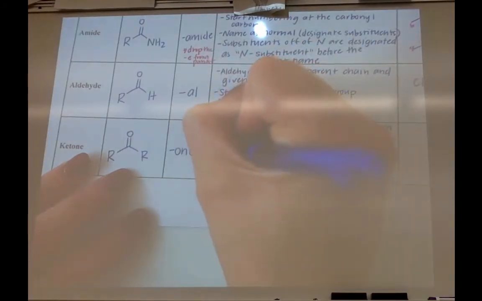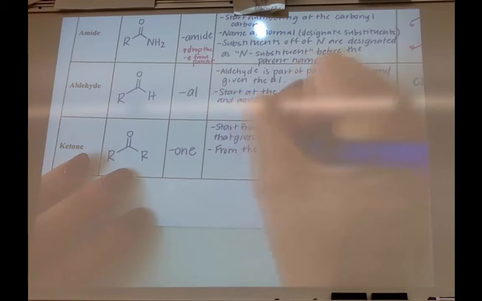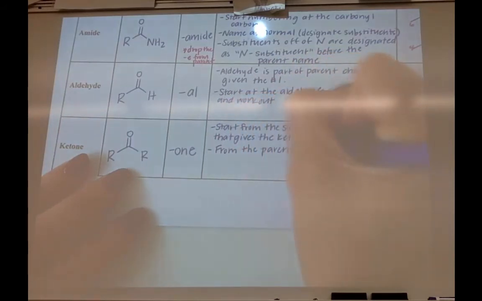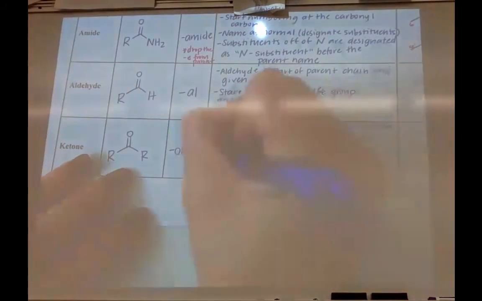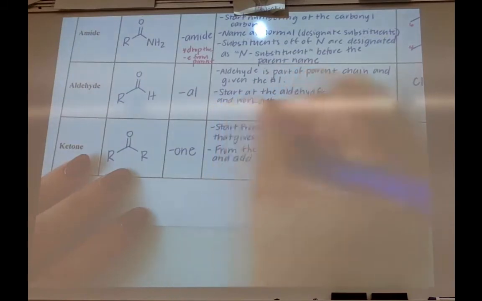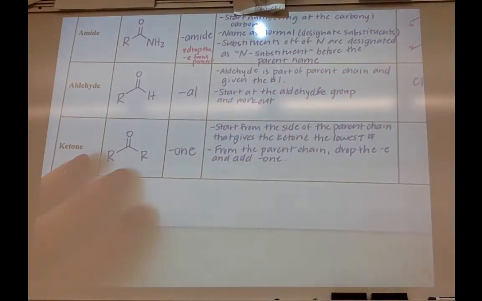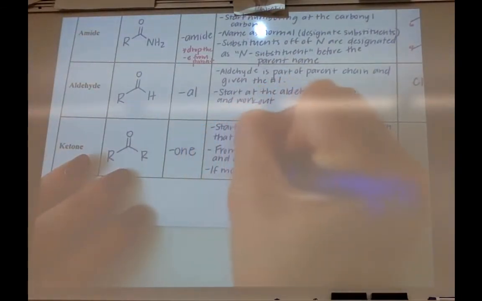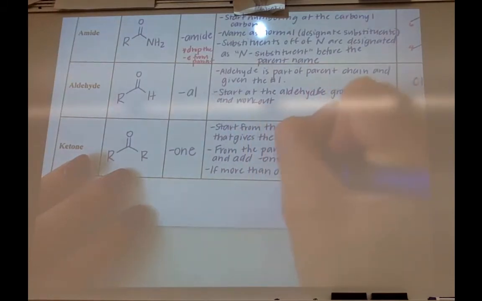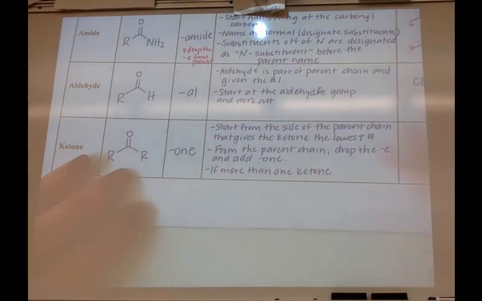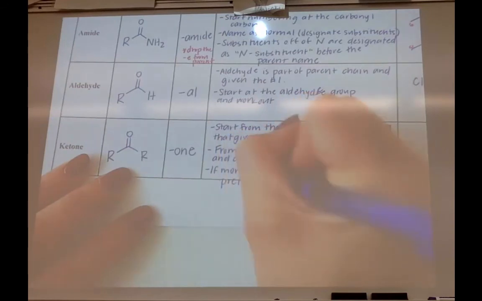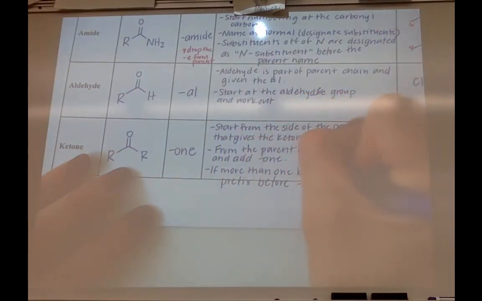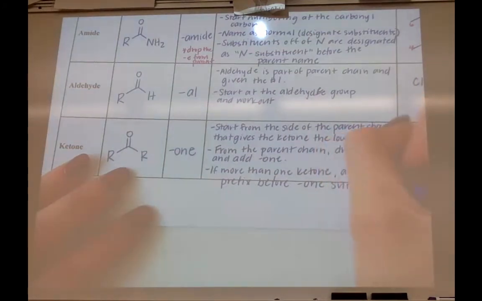so actually let's do this first. From the parent chain, drop the E, and add ONE, right, O. If there's more than one ketone, which we could see, more than one of those carbonyl carbons, then we just add a prefix before the ONE suffix.